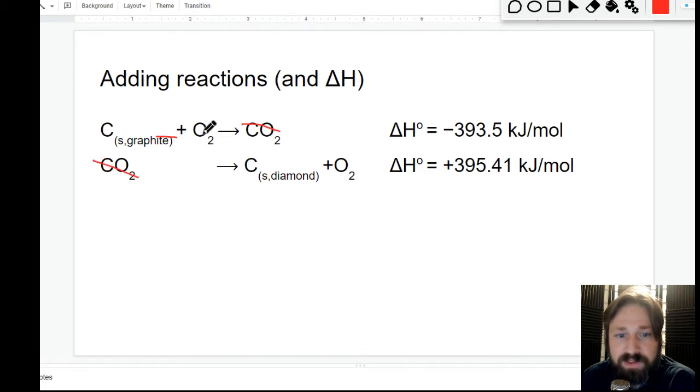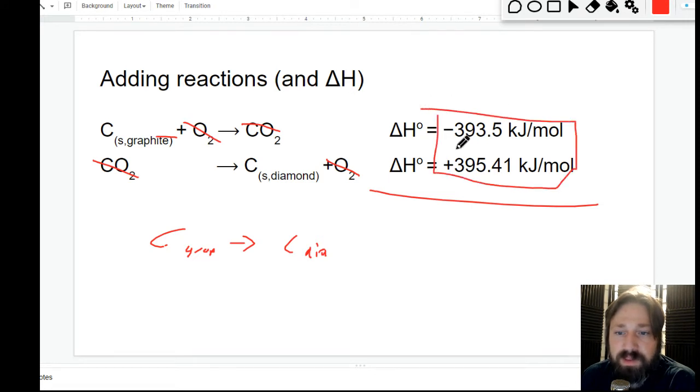So I'm crossing out CO2 and crossing out O2, and then rewrite it. So carbon graphite goes to carbon diamond. This is the overall reaction, since I added these, we just sum the delta H values together.